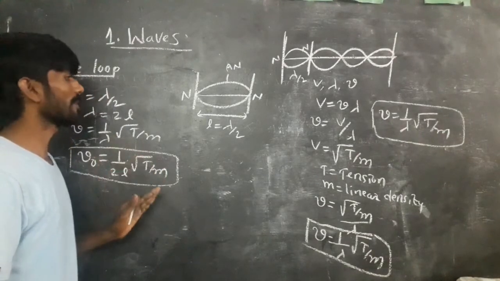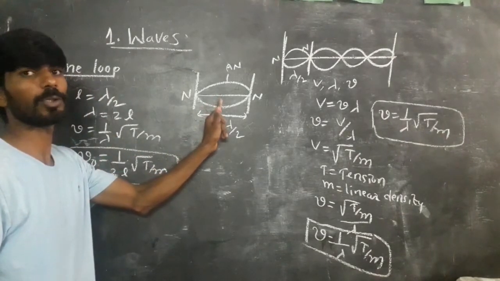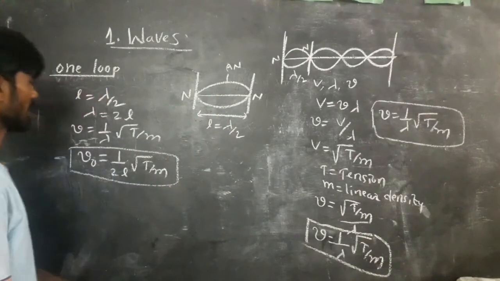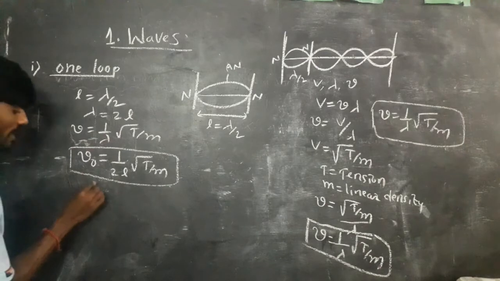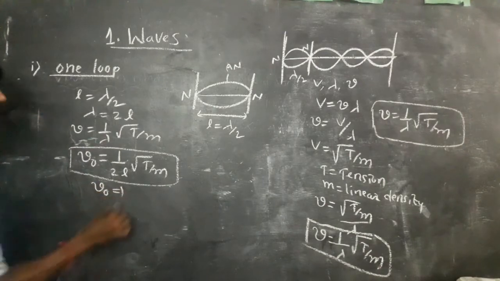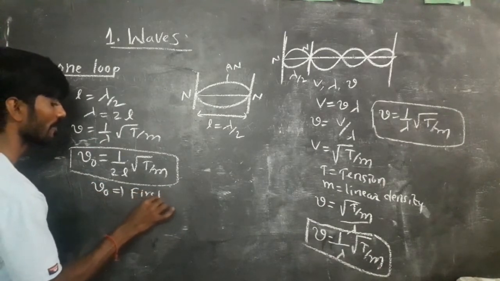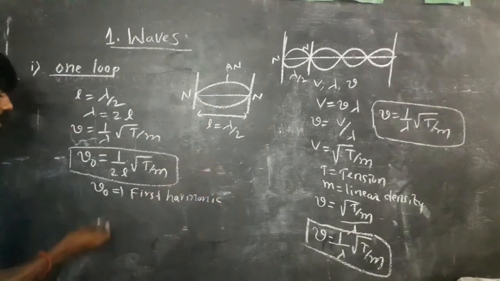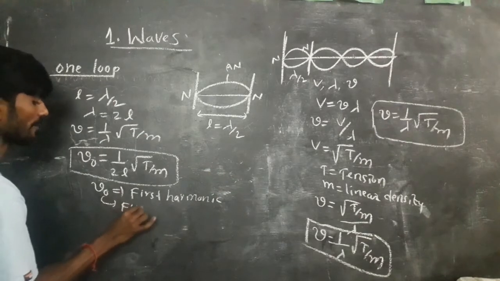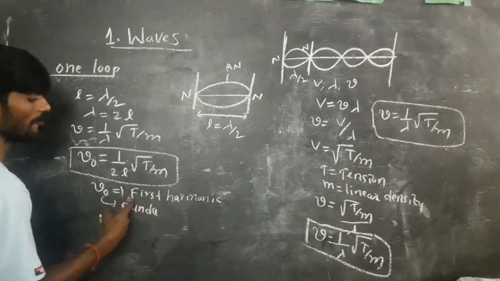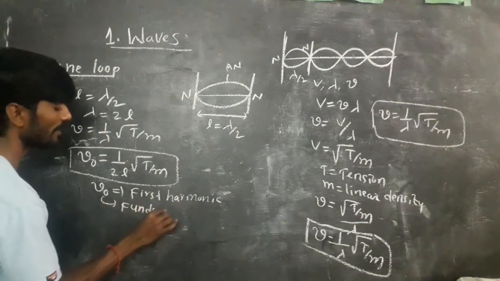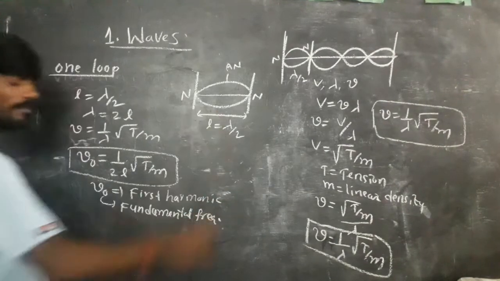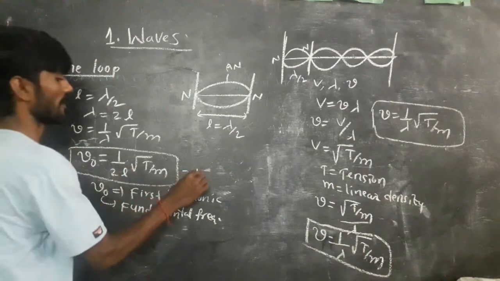This equation is the one-loop frequency of a stretched string wire. This mu naught is for the first harmonic, or fundamental frequency.